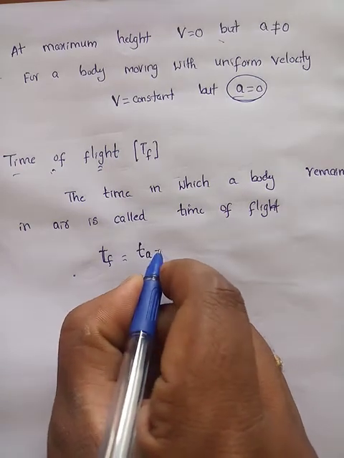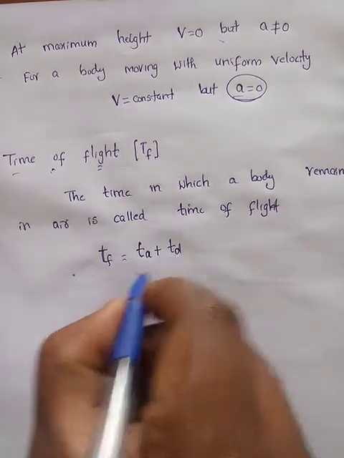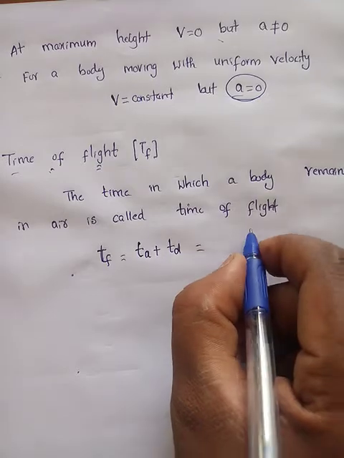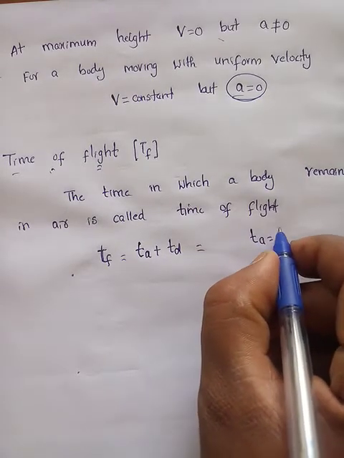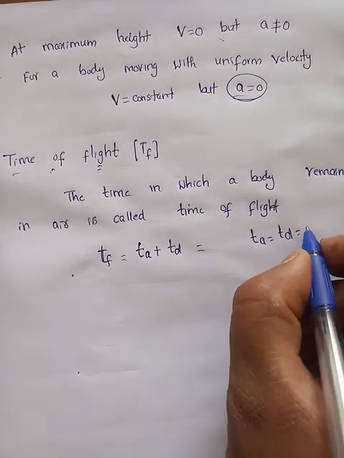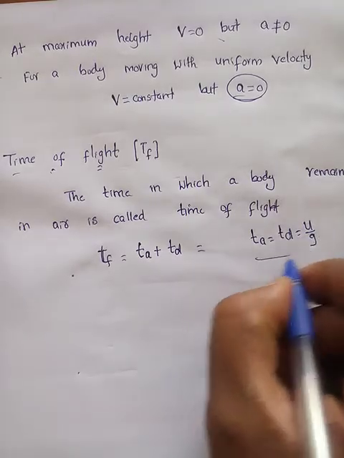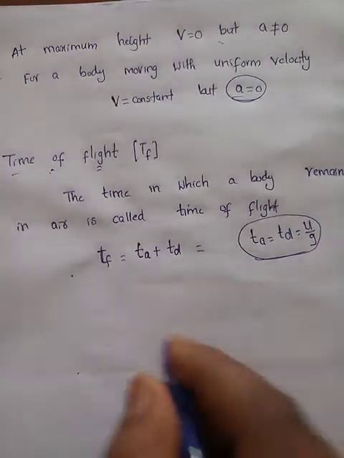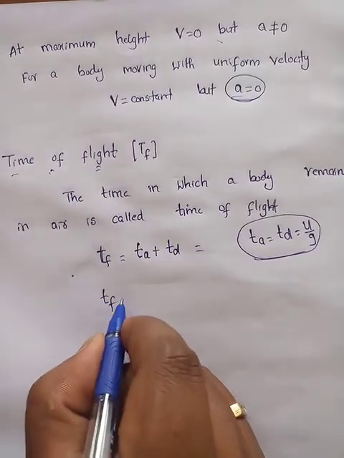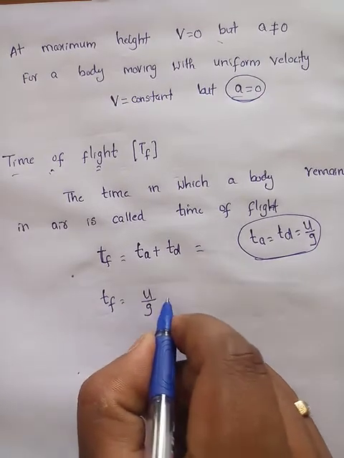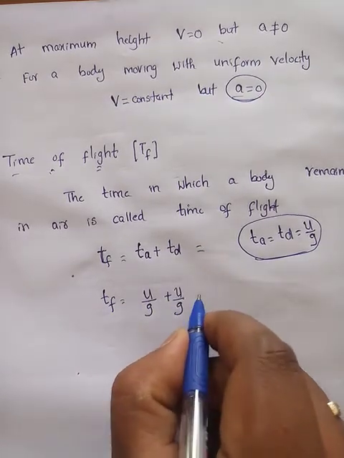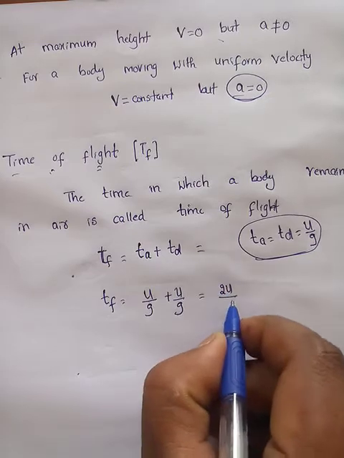The time it remains in the air is the time of ascent plus the time of descent. As we proved, because it has the same velocity, time of ascent is equal to time of descent, which is u by g. So substitute the values: tf is equal to u by g plus u by g, that is equal to 2u by g.